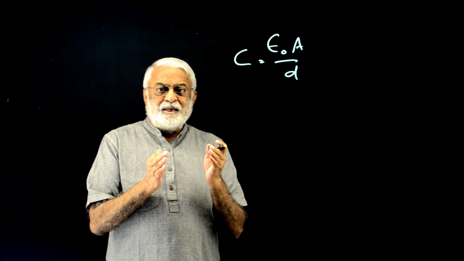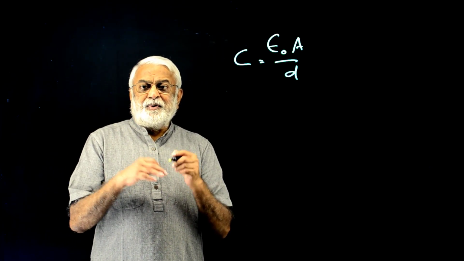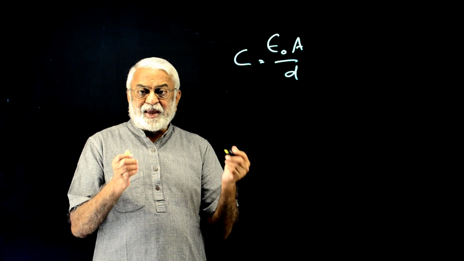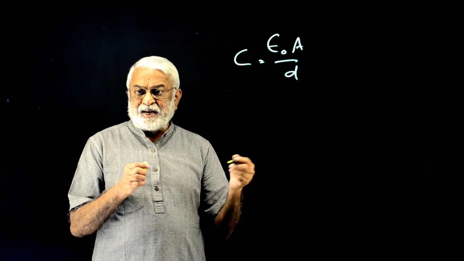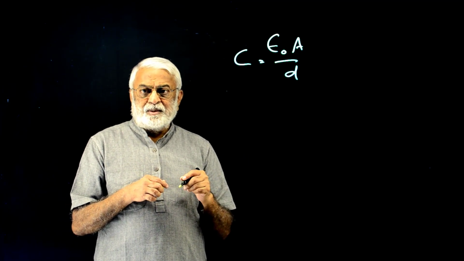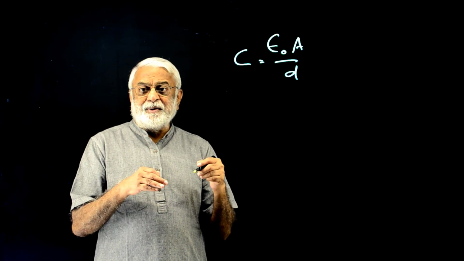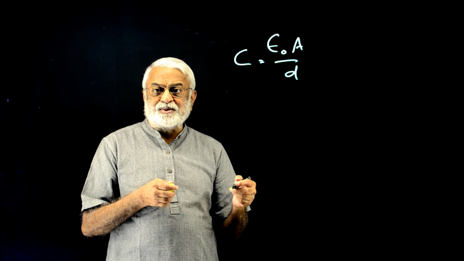Now you've learned earlier that the force between two charges decreases by a factor of k, where k is the dielectric constant, and that's because the field in the dielectric will be k times less.